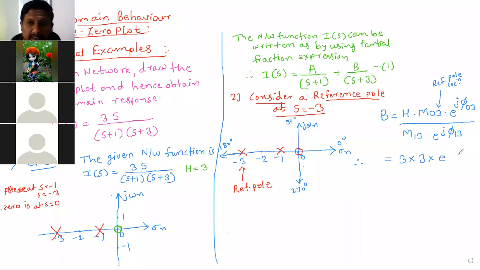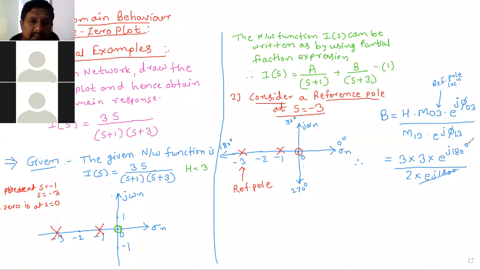E raised to j 180 degree divided by M 1 to 3. 1 to 3 distance. 2. 2. Next into e raised to j, angle 1 to 3. Again it is coinciding with 180. So e raised to j 180. So if you are comparing numerator and denominator, this and this will get cancelled.